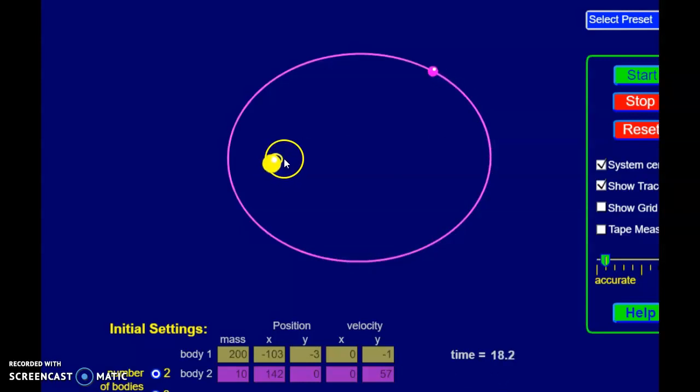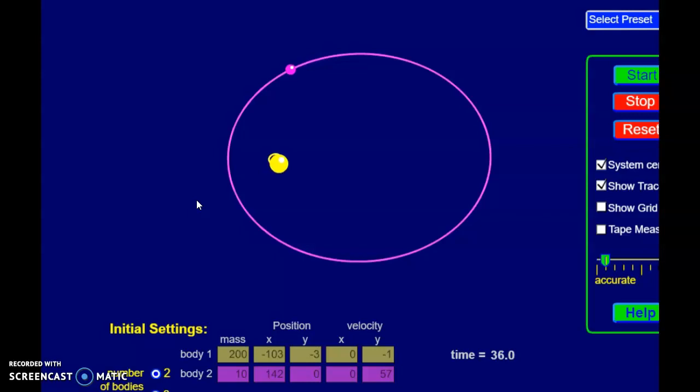Notice actually that the sun is also kind of moving on an ellipse. Well, that's a reaction to the gravitation of the pink planet. So the pink planet is attracted to the sun, but the sun is also attracted to the pink planet. As far as the acceleration is concerned, not so much, simply because the sun has much more mass than the planet. And again, this one is a fictional one.